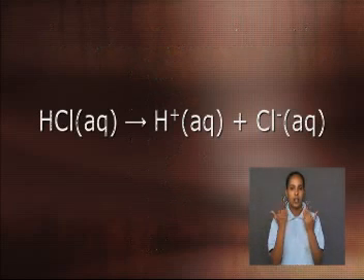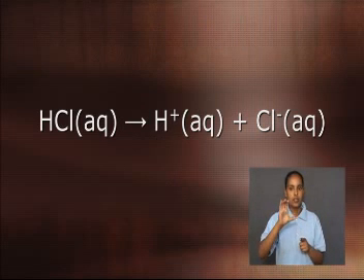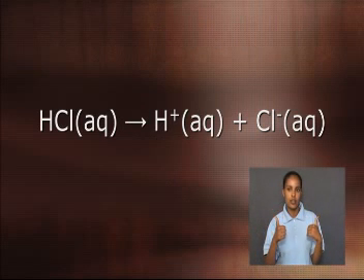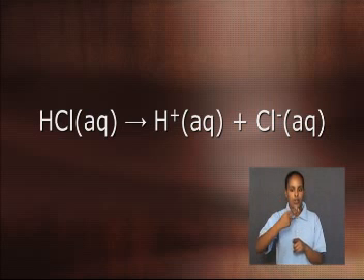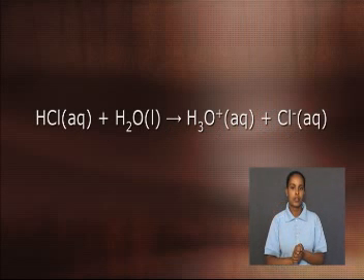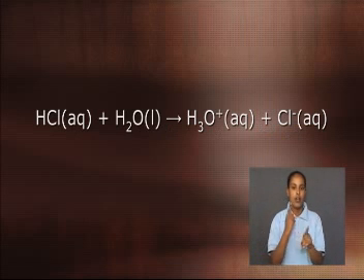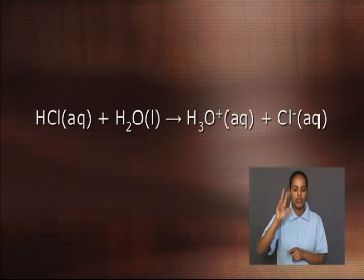Let us look at an example. When hydrochloric acid dissociates, it forms a hydrogen ion and chloride ion, as shown by this equation. When hydrochloric acid dissociates in water, it forms a hydronium ion and chloride ion.